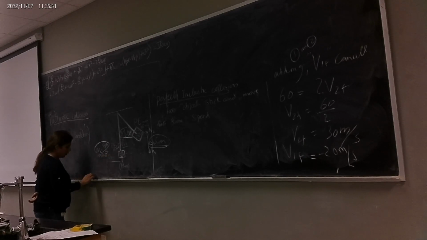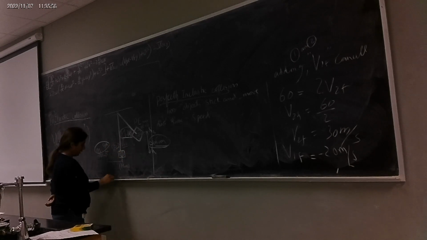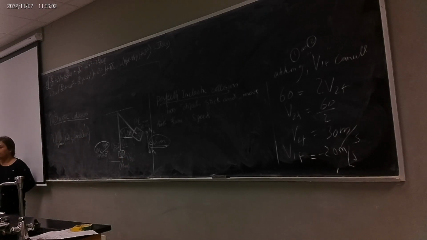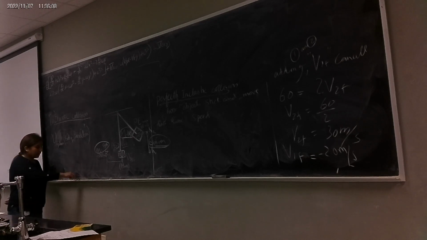This is small v, big V is 0 here, and then they move together with a common speed, which is V system. We are looking for the speed at the center when they got combined, where it was all the kinetic energy. So how do we find that?